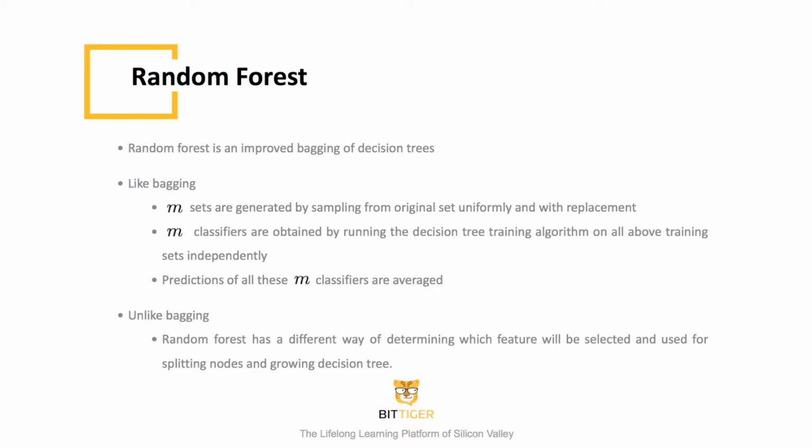Like bagging, M training sets are generated by sampling from the original set uniformly and with replacement. Then M classifiers are obtained by running the decision tree training algorithm on all the above training sets independently, and predictions of all these M classifiers are averaged as the final output. However, random forest has a different way of determining which feature will be selected and used for splitting nodes and growing the decision tree.